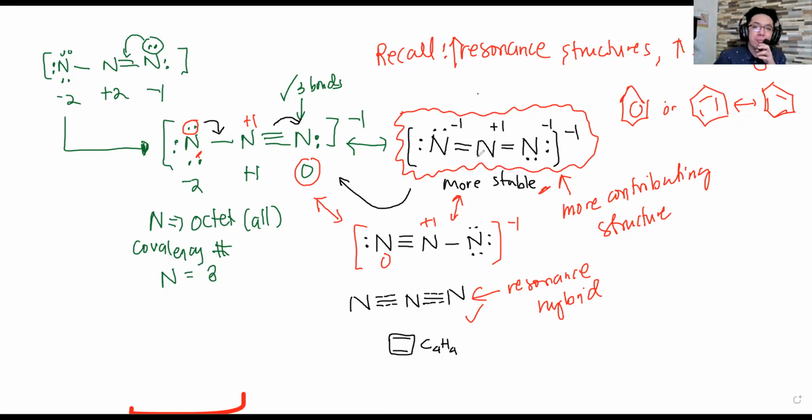Okay? Ngayon, why are we choosing this N double bond, N double bond? Because if you will notice, what can you say about the bond length? The bond lengths are assumed to be equal. Again, hindi.